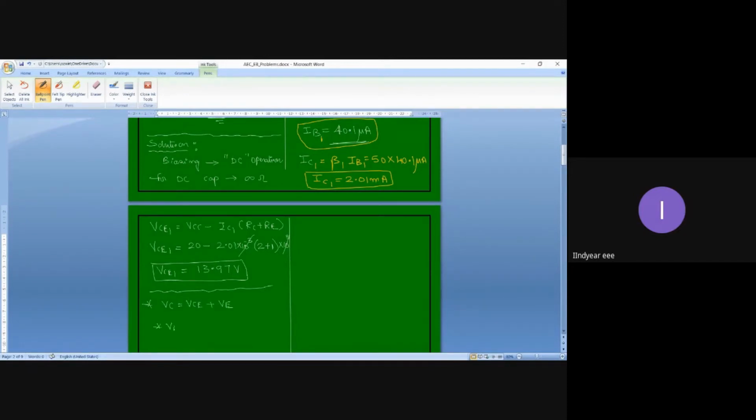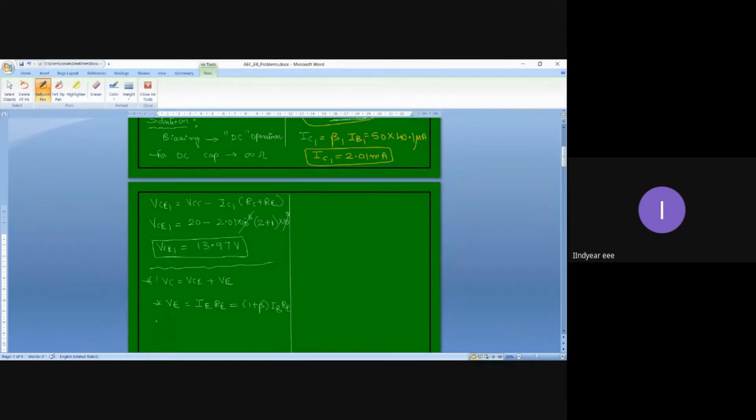Where VE is equal to the voltage drop across the emitter resistor, that is IE into RE. What is IE? IE can be written as 1 plus beta times IB, into the emitter resistance RE. So you can directly find out VE.